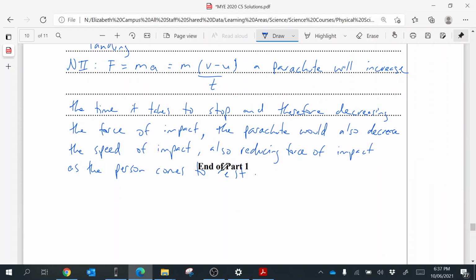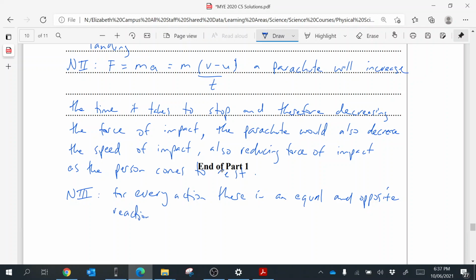And Newton's third law: for every action there is an equal and opposite reaction. Maybe hard to say this one. It's probably not exactly how you would phrase the law these days.